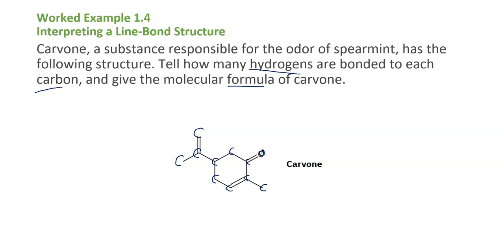Okay? And the way these line structures work is the hydrogens are left out, because if I were to draw every hydrogen for my whole life, I'd still be drawing hydrogens based on the amount of molecules I've drawn. Right? But we know as chemists that carbon always makes 4 bonds. So go back to where I started. This carbon has 1, 2, 3 hydrogens off of it, because carbon always makes 4 bonds, right?